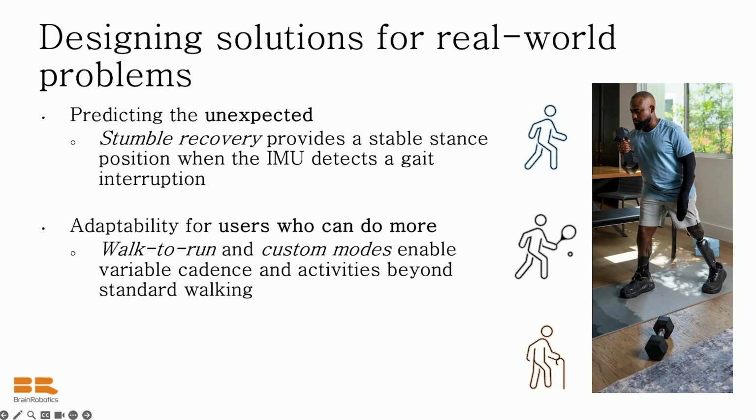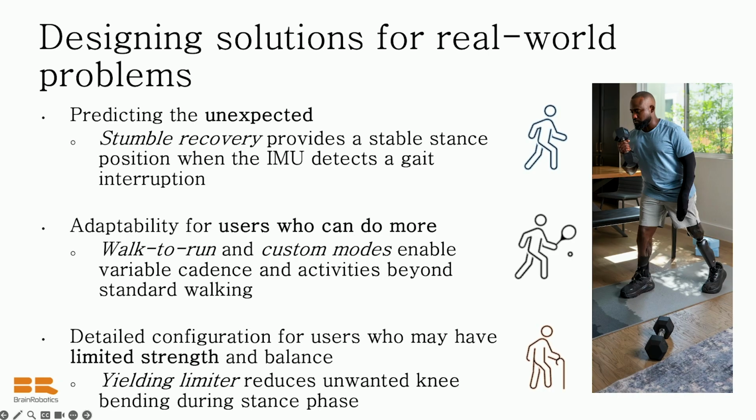Custom modes allow users to define specific settings for activities outside of their standard walking, such as cycling, golf, or working out. This is important because these users are pushing into activities that standard gait assumptions weren't built for.